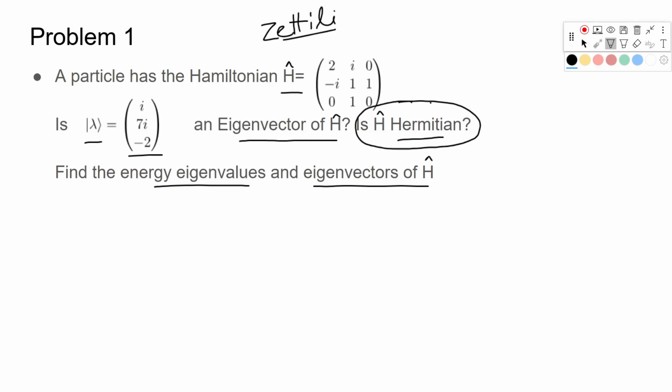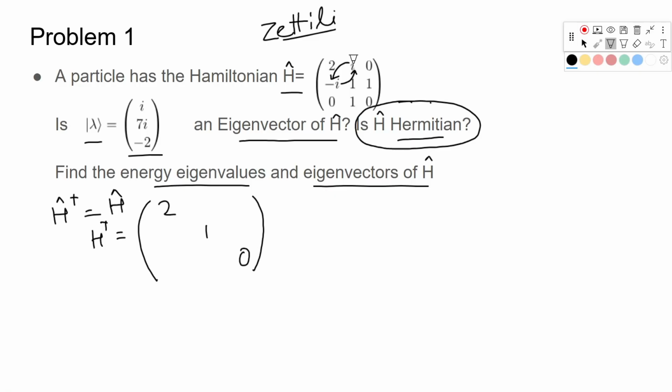Now we have studied in our earlier videos that an operator is Hermitian if the Hermitian adjoint of the operator is equal to the operator itself. So let's find the Hermitian adjoint of this operator. To find the Hermitian adjoint, we should keep the diagonal elements the same. For the off diagonal elements, the rows and columns get interchanged, but we have to put the complex conjugate of any number that we find there.